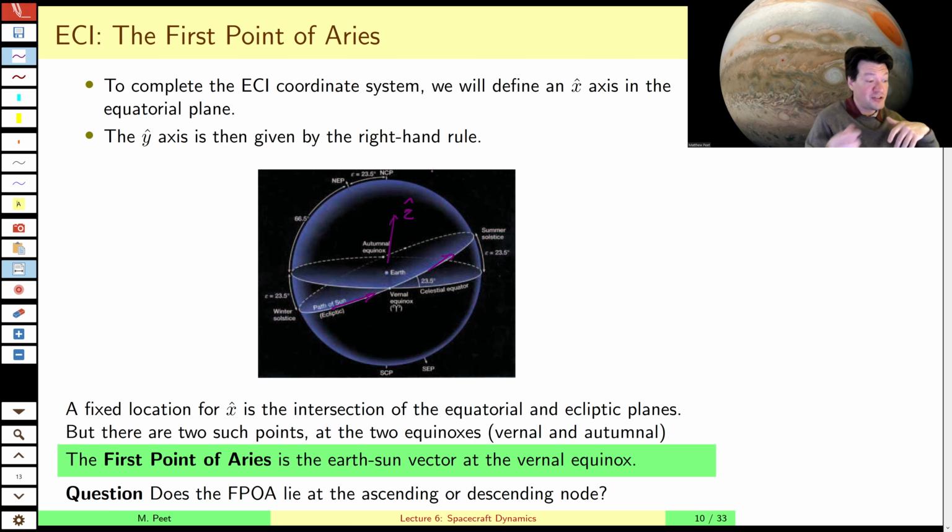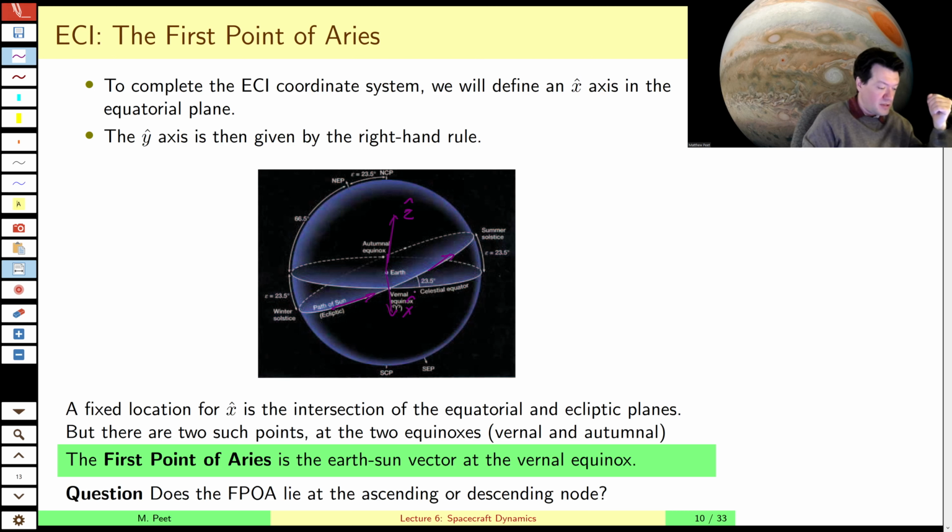But of course, that's actually fixed as opposed to the rotation vector of the Earth, which is not fixed. But anyway, that's the z-hat axis. So we have two planes now, and we have two choices for what our x-hat direction is. The first one is the autumnal equinox, and the second is the vernal equinox, because those are the 2 points where these two planes intersect. Okay. As I sort of justified, however, we tend to prefer ascending nodes, and so we've arbitrarily chosen the vernal equinox to be our x-hat direction.